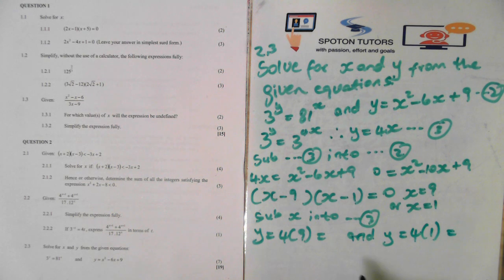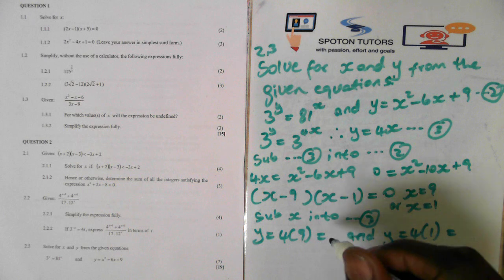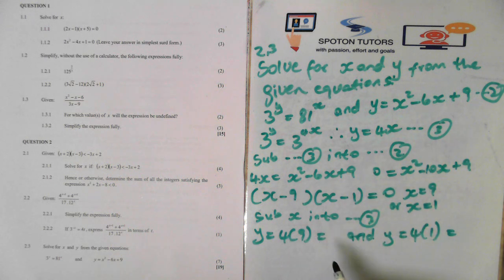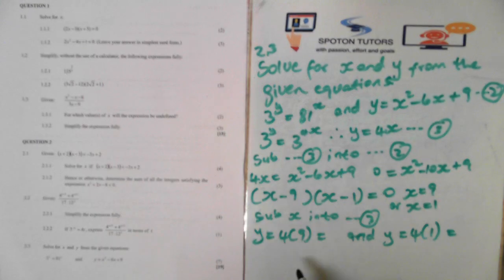So 4 times 9, we know that 4 times 10 is 40, so 4 times 9 should be 39. My bad, 36, because you subtract a 1 from each of those extra 9s, you've made a 10. 4 times 9 is 36. You can easily find that if you don't have a calculator.